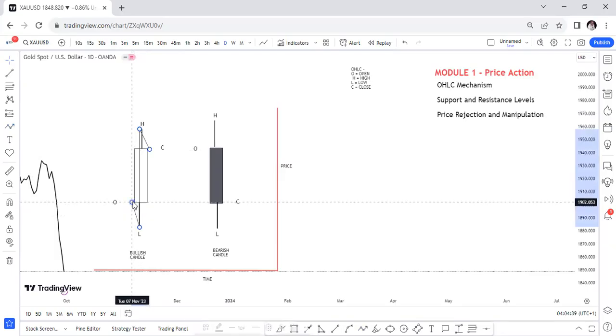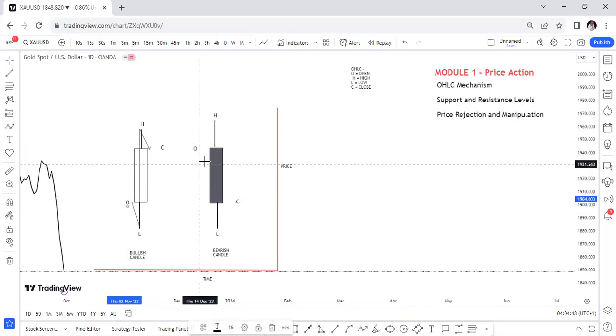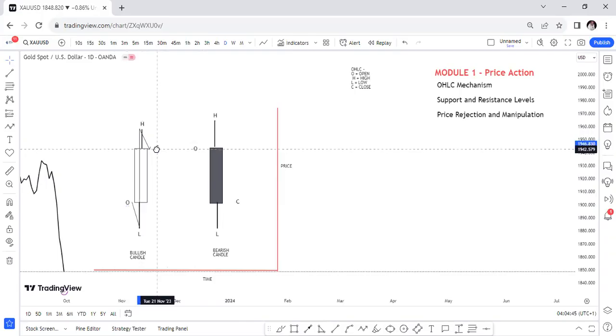Once it opens, price will never move higher immediately. Initially, it will never move up immediately. It must come down first before going up to close.